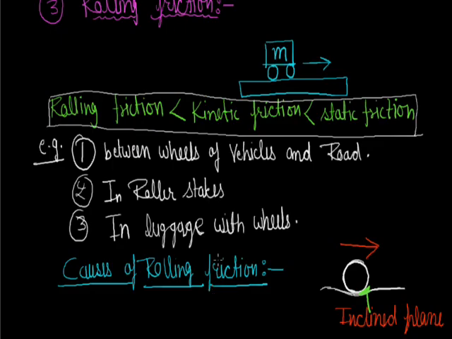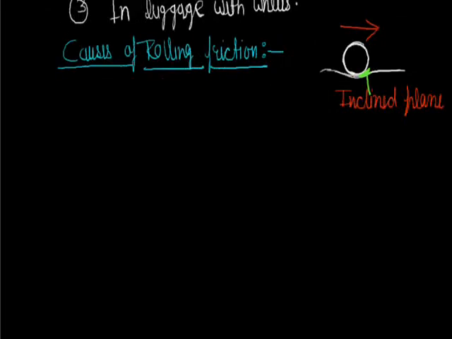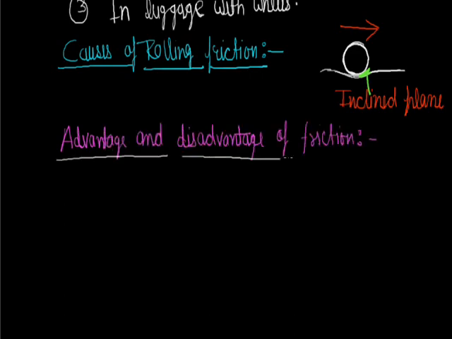Now, next is advantage and disadvantage of friction. First is, without friction, we would slip and fall every time we attempt to walk or run. There is very little friction on a wet polished floor. That is why it is easy to slip on such a floor.